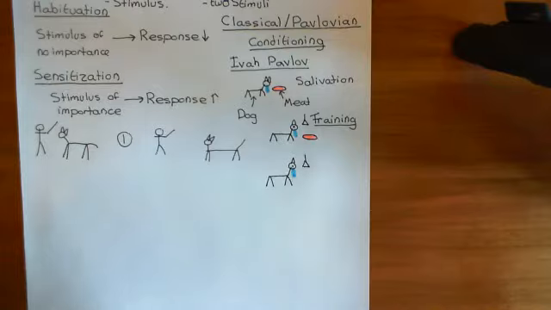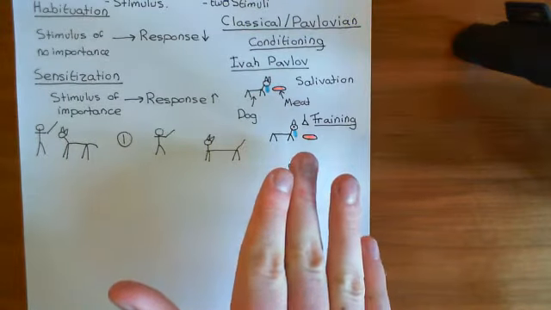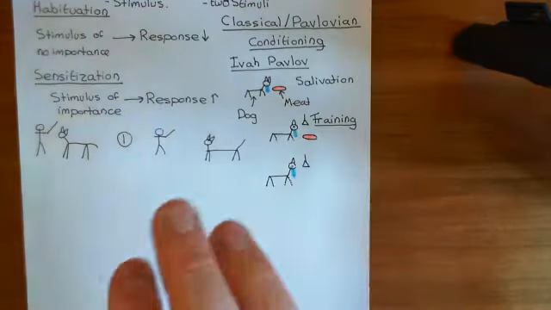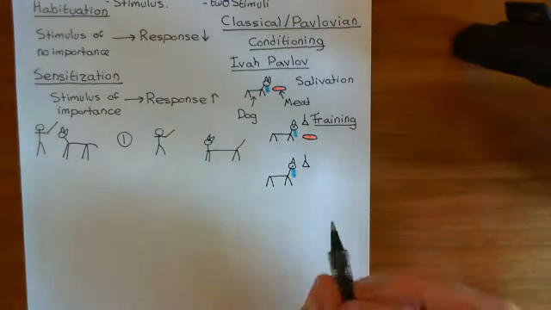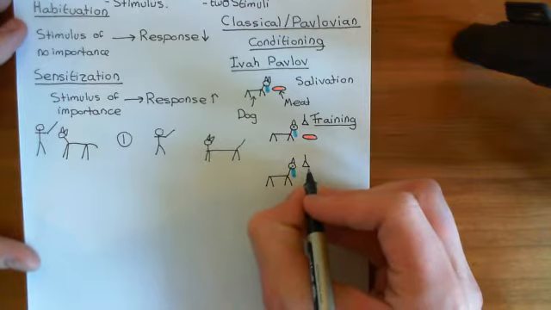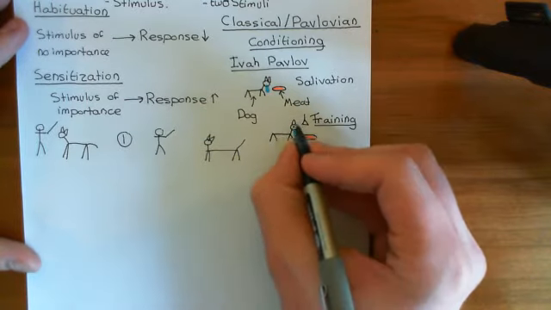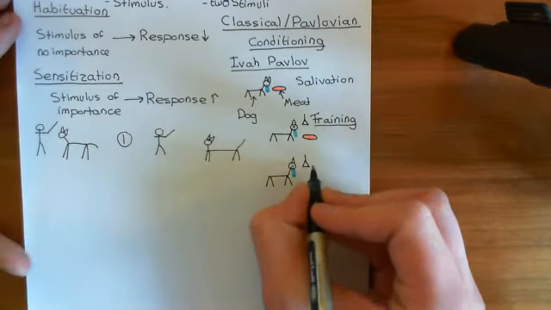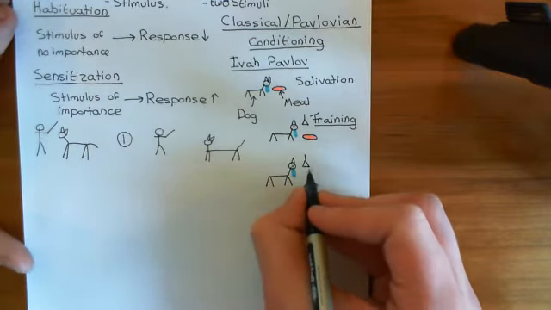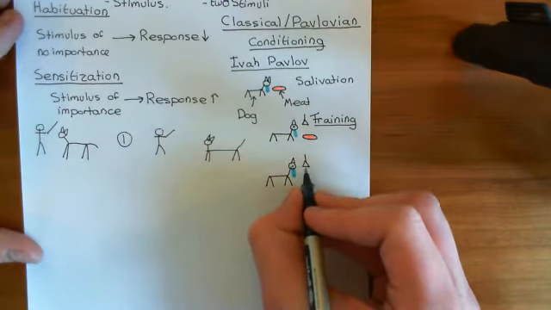Whereas if you take a normal dog off the streets, which you hadn't done this training with, and ring a bell, the dog would not salivate. So you can get a dog to salivate to the sound of the bell just by putting it through this training protocol.